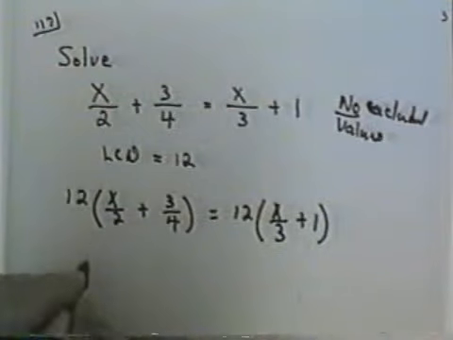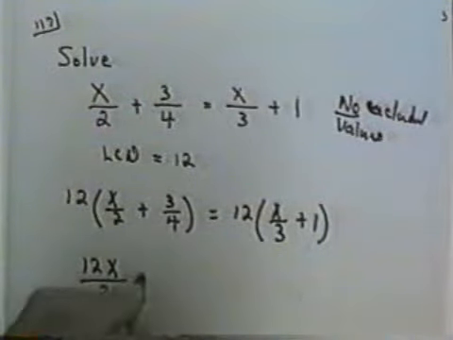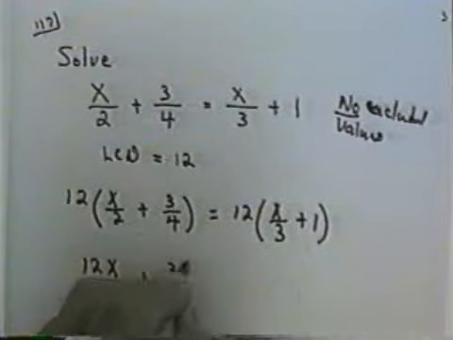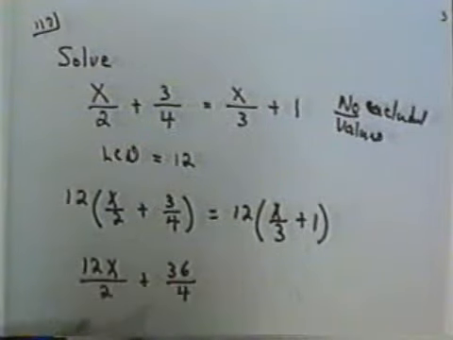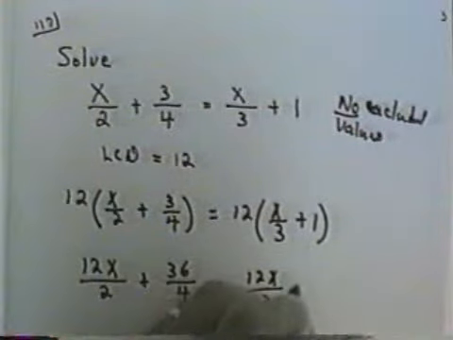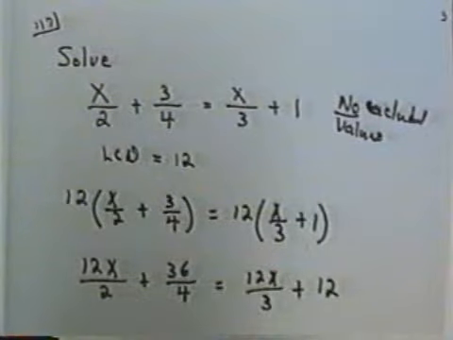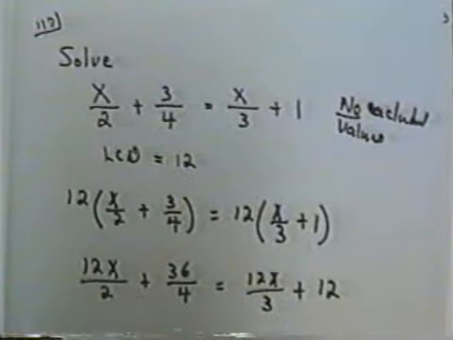Now I can distribute to get 12x over 2 plus 36 over 4 is equal to 12x over 3 plus 12. Now I could have reduced before multiplying, but I decided not to. If you would prefer reducing, go ahead and do so.